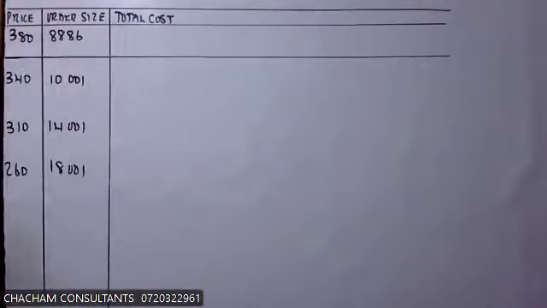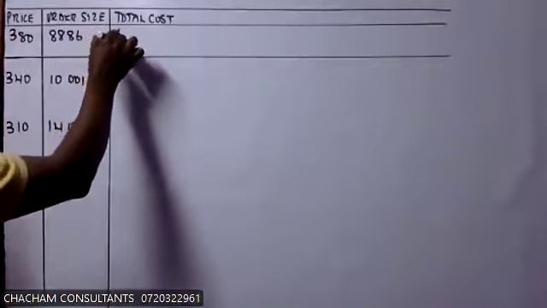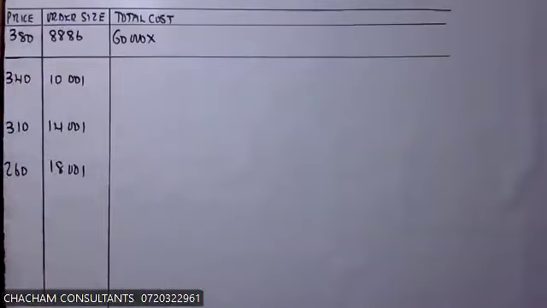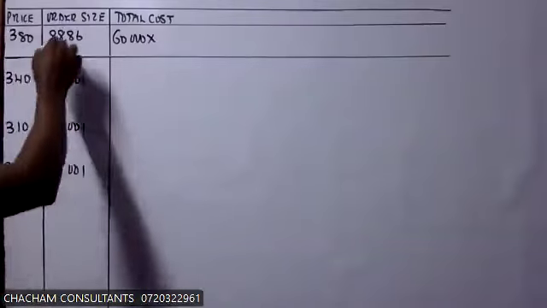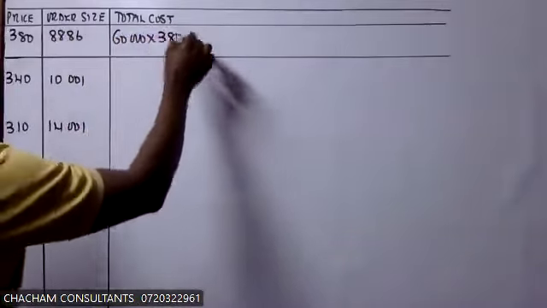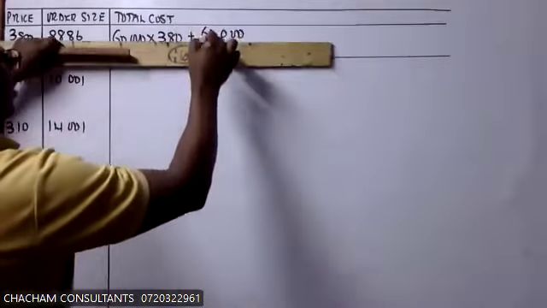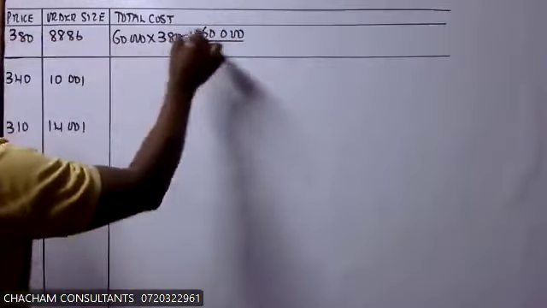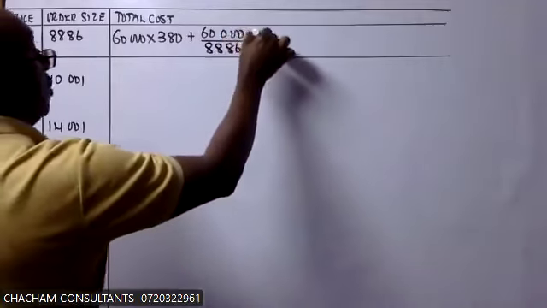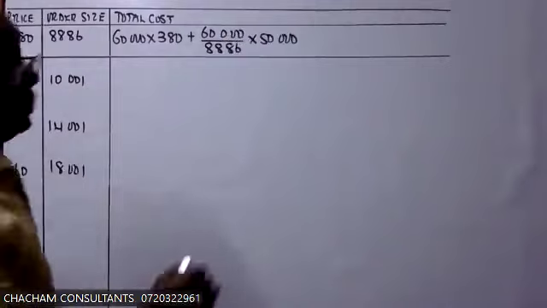So the total costs, we said it is the annual demand 60. You multiply by the price. The price is 380. Plus, you take the total demand, you divide by the order size. You multiply by the cost per order, 50,000.